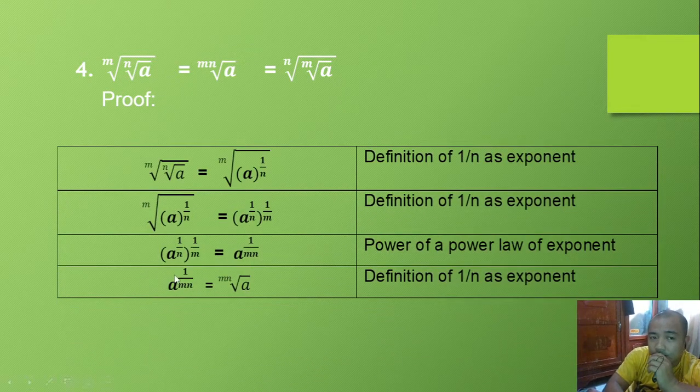So the mth root of a is equal to a raised to 1 over m, and then we raise that to 1 over n. Multiplying 1 over n and 1 over m, that means a raised to 1 over mn. So it's equivalent to the mn root of a.